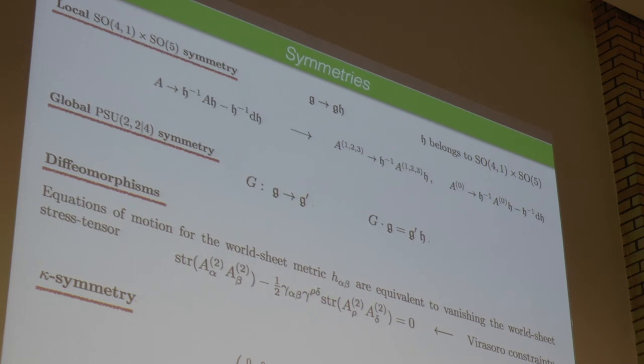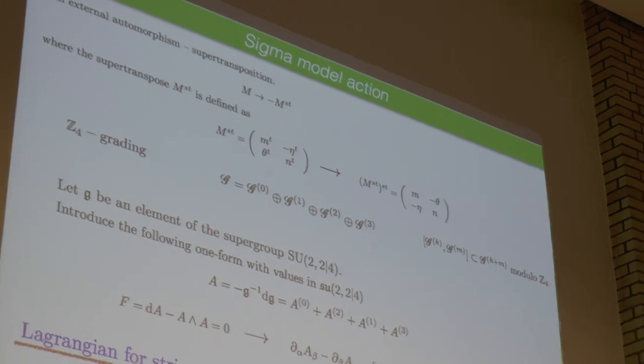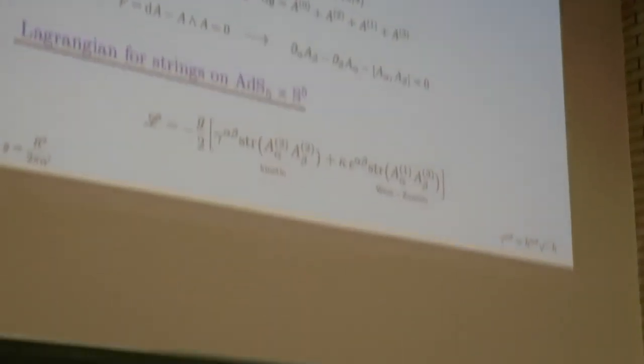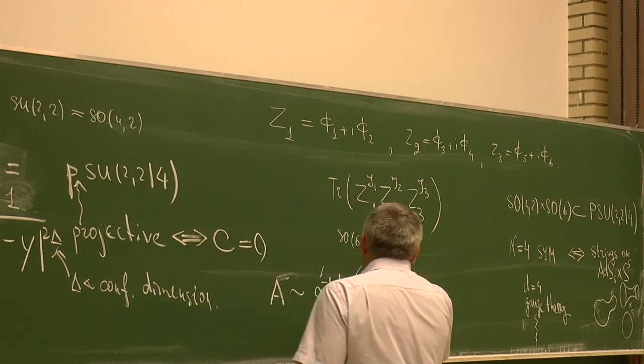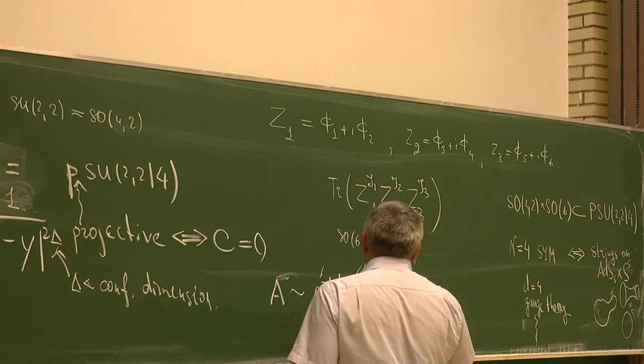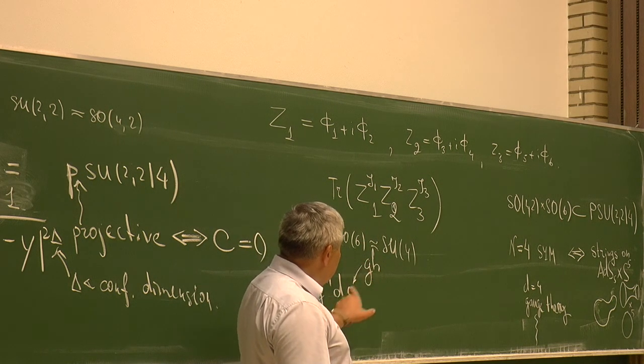If you take a group element G and multiply it from the right by an element from SO(4,1) cross SO(5), then according to the definition of what this A is, A is essentially given by G^-1 dG. And now we substitute G to be G multiplied by some element from the right. And this element is local, so it depends on x.